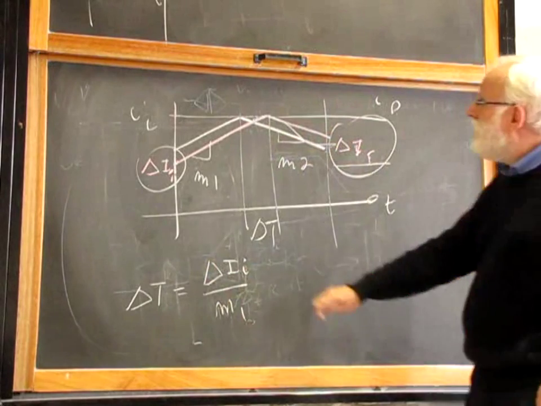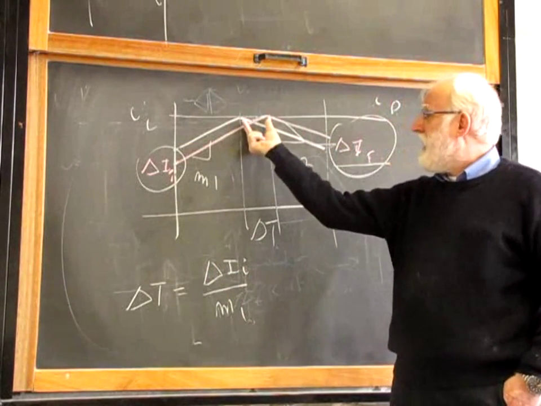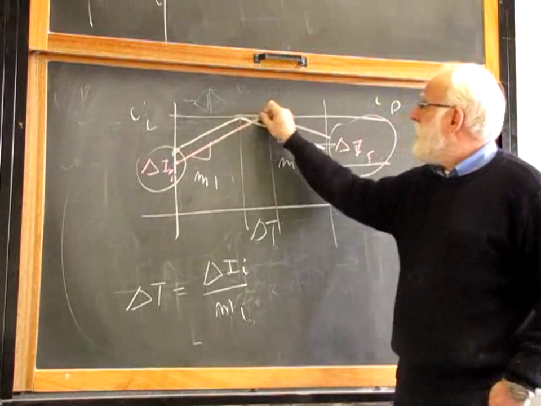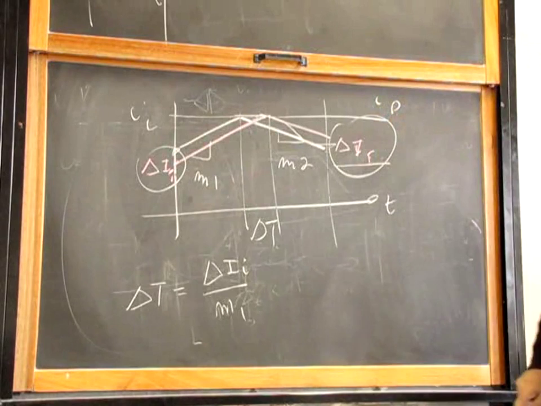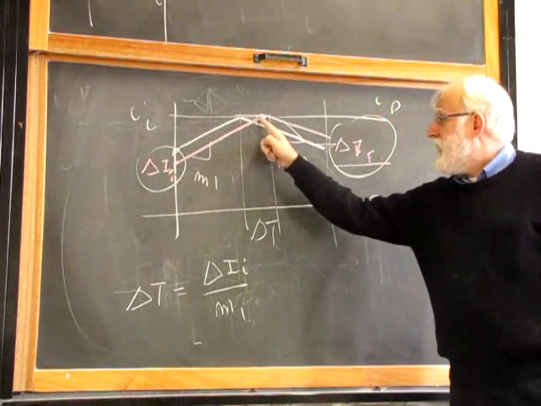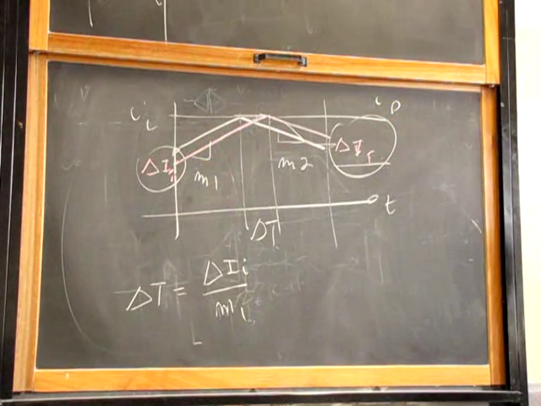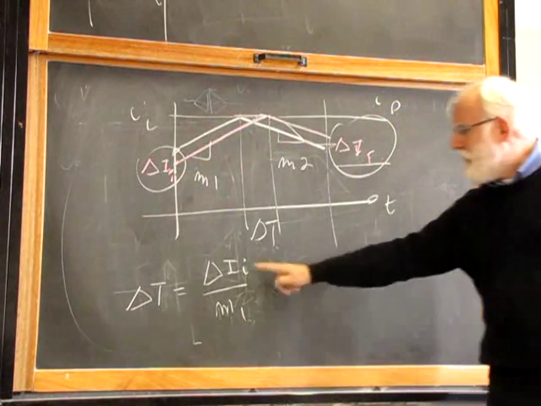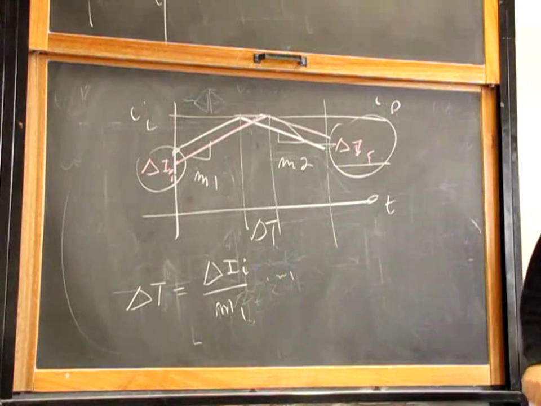Because I have a change here that makes me a change in time, and a vertical change is transformed into a horizontal change in time, and the coefficient related to delta t and delta I is M1. I never remember if it is divided by M1 or multiplied by M1, but there is a simple trick to check.